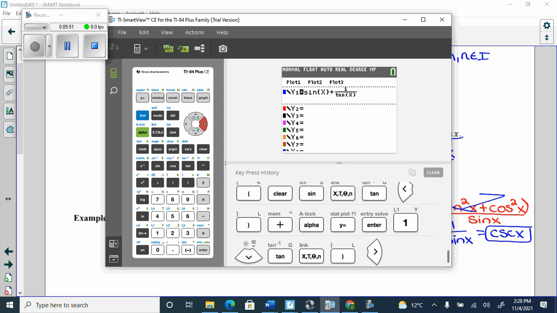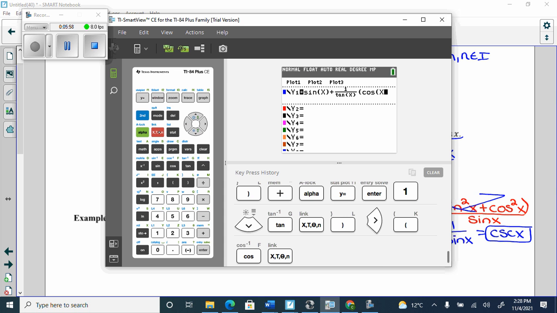And what's the last one? Times cos x. Mine doesn't even show up on the graph. Patience, grasshopper. Patience.